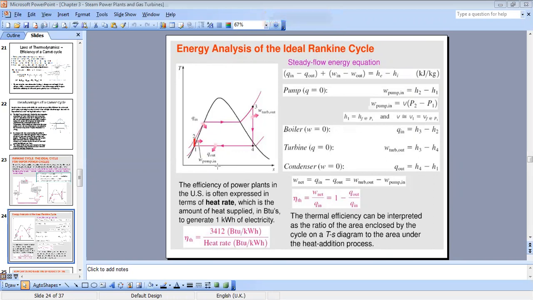But I want to tell you that for a liquid, the specific volume is nearly constant. This is why we say that for a liquid, W pumping is equal to the specific volume v times delta P. Why do we say this?